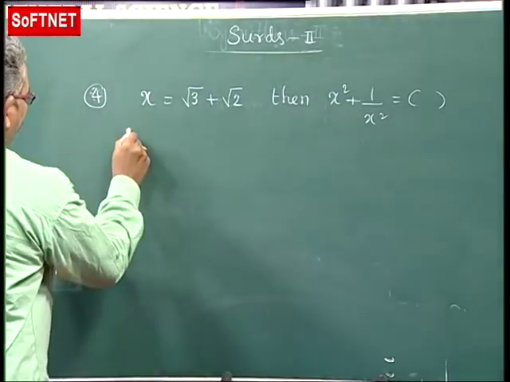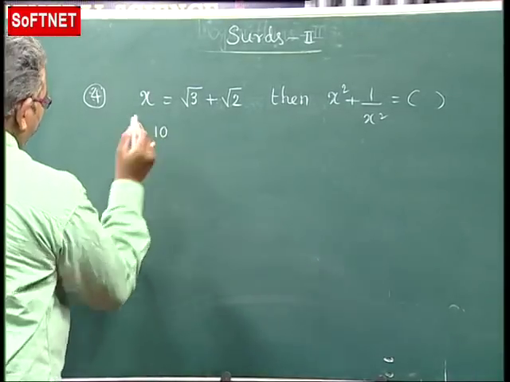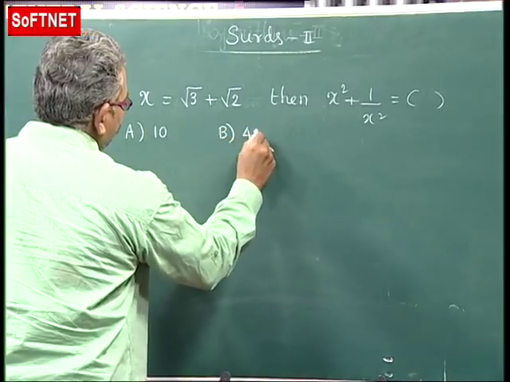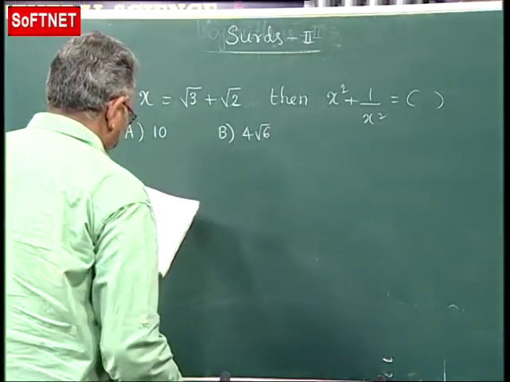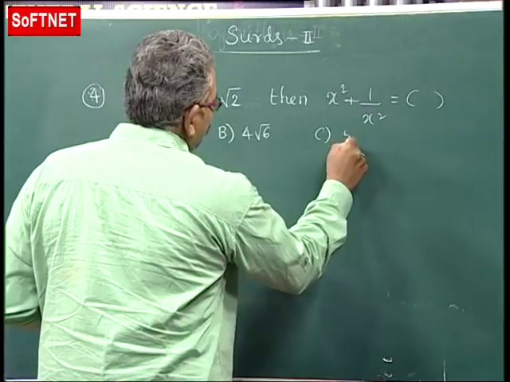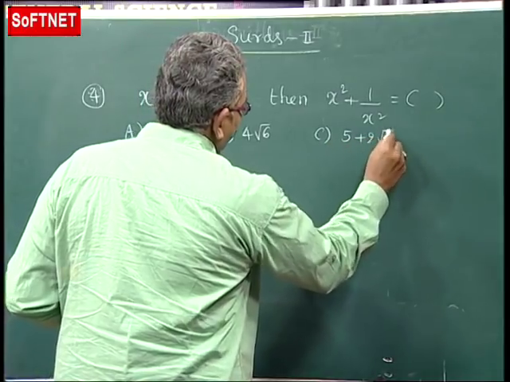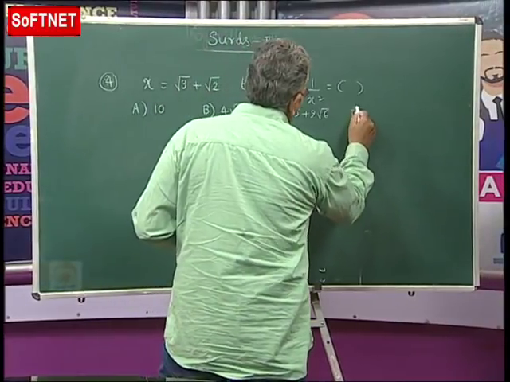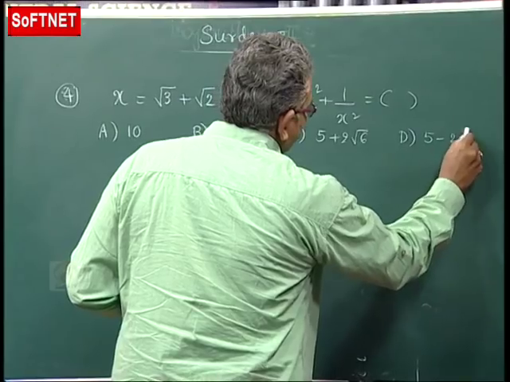Options: A 10, B 4 root 6, C 5 plus 2 root 6, D 5 minus 2 root 6.